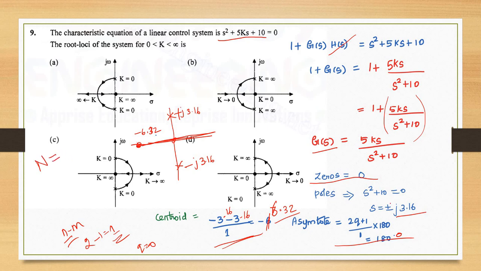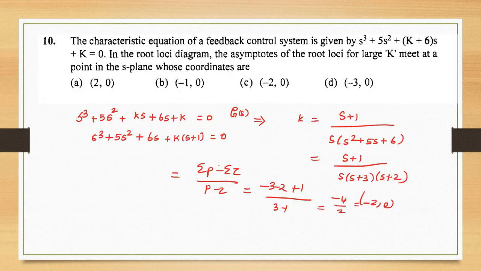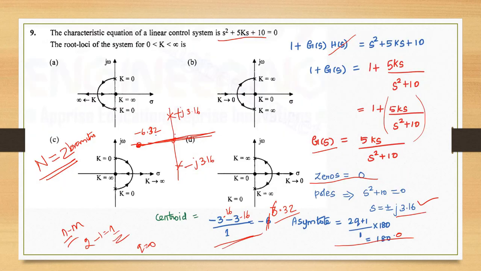There are 2 branches corresponding to the 2 poles. So 2 branches in the root locus. These 2 branches start from the open loop poles and end at the open loop zero. Here the zero is there.